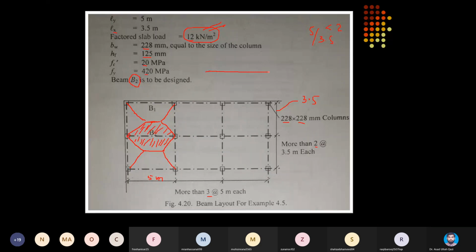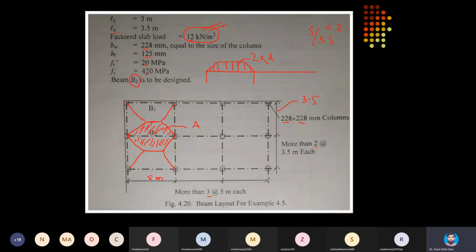So if I put on the beam B2 two trapezoids, 2 into A, if one trapezoid has the area A, I will calculate the mid-span moments, or sagging, and then hogging moments.